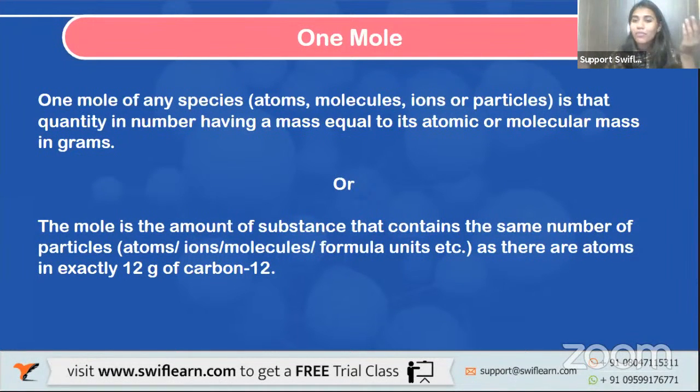Even fruits and vegetables are weighed like that. Similarly, we are taking 12 gram of carbon 12 as the standard, and we measure hydrogen or oxygen or any other element based on this 12 gram of carbon 12.